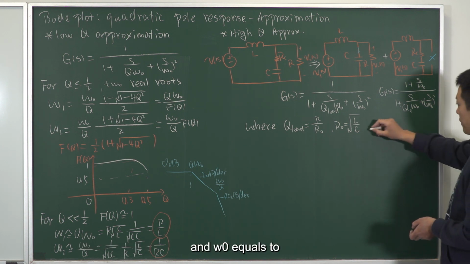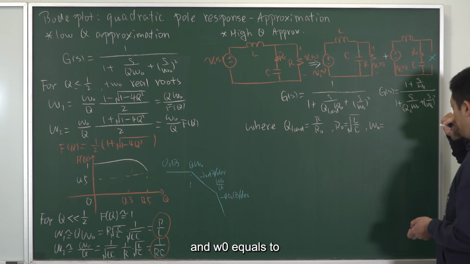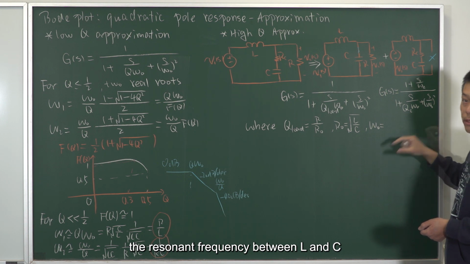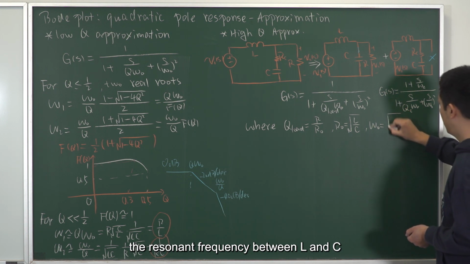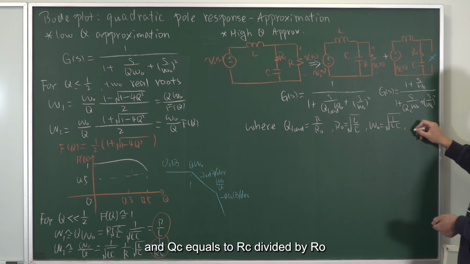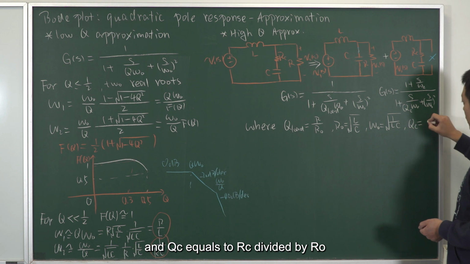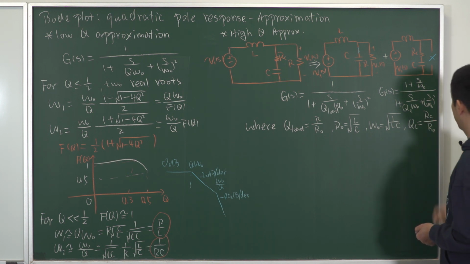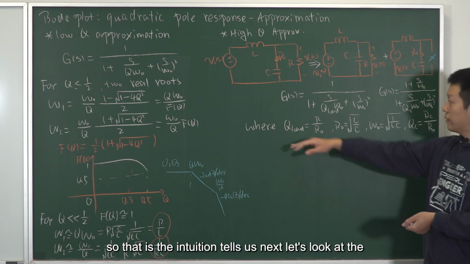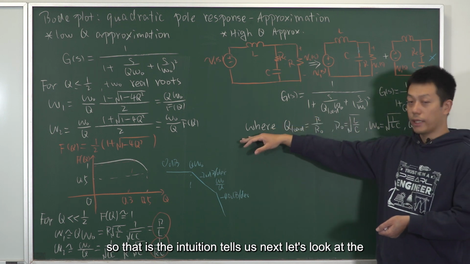Omega 0 equals the resonant frequency of L and C. And QC equals RC divided by R0. Okay, so that is what the intuition tells us.